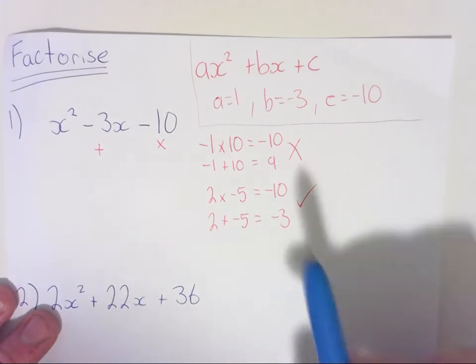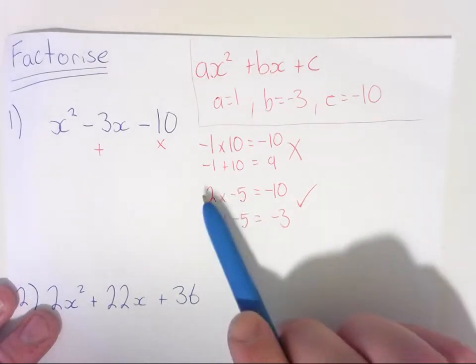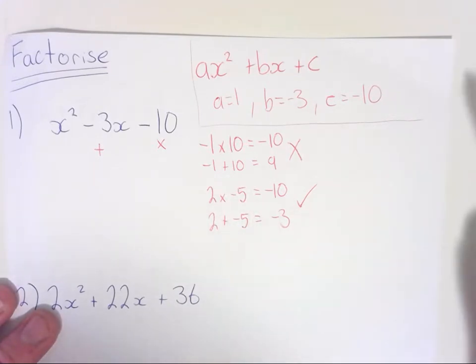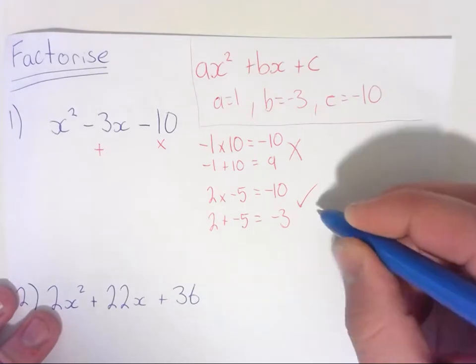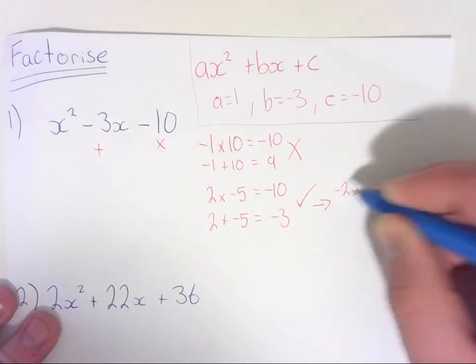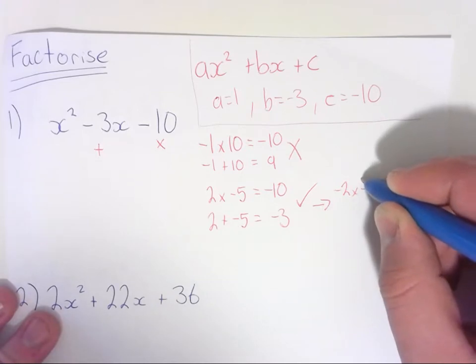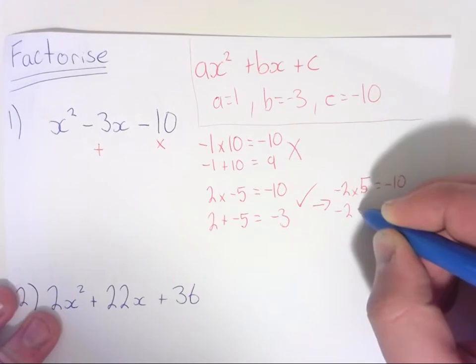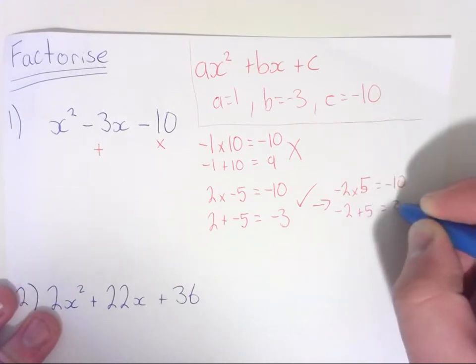Getting these two around the right way, which one's a negative and which one's a positive, does take some practice, because you might have done -2 by 5 equals -10, and then -2 plus 5 equals +3.